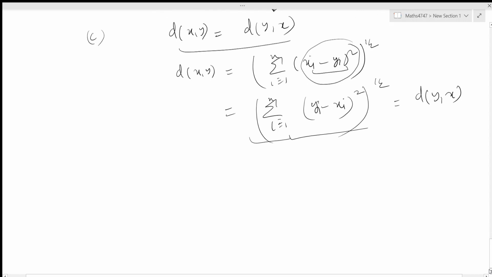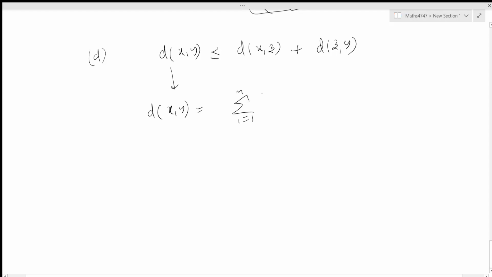Now guys, the last one, that is the important one, that is d(x,y) is less than or equal to d(x,z) plus d(z,y). This thing we have to show. So we take again the left hand side, that is d(x,y). So the summation from i equals 1 to n of (xi minus yi) square, and whole to the power half.